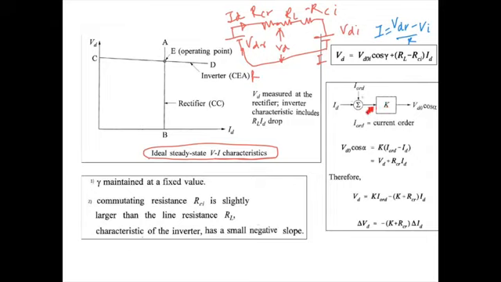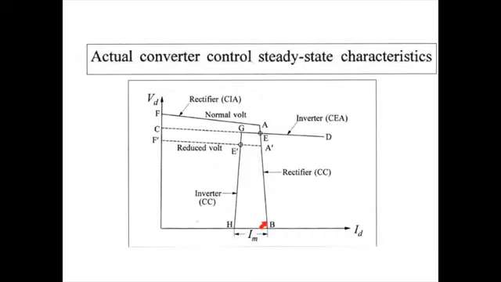This difference is continuously cleared by a suitable control scheme, and for that purpose the angle alpha is adjusted so that alpha will be within alpha minimum to a certain value. Now, as we just discussed, there is a constant current controller provided to the rectifier, and there is a controller associated with the inverter which will operate by keeping the extinction angle constant.